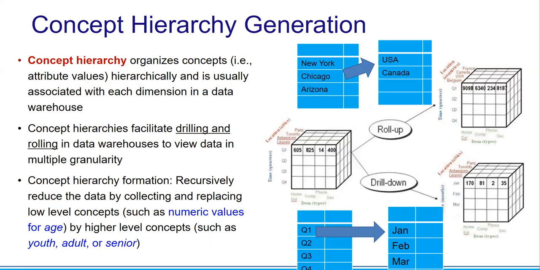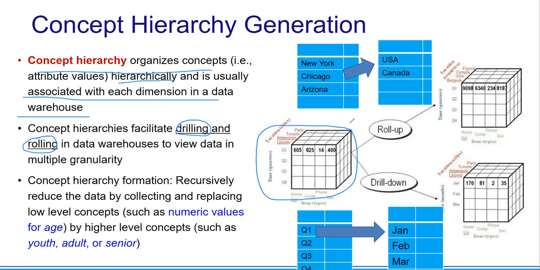We can also use concept hierarchy generation to make a kind of split, or we can use this as the discretization. So this is a kind of concept hierarchy. In the hierarchy, we use associated dimensions in the data warehouse. So we have drill up and roll up, or drill down and roll down. What does it mean? Let's say I have a cube like this one.